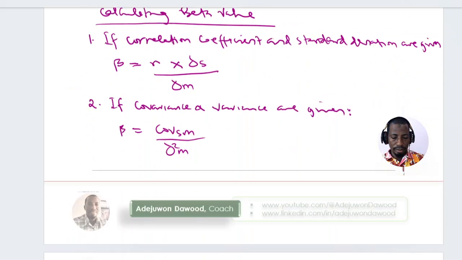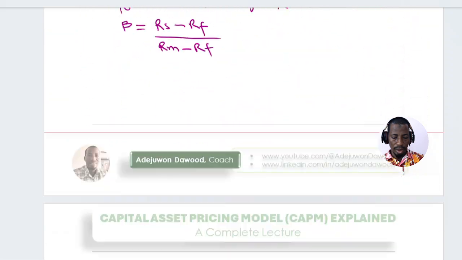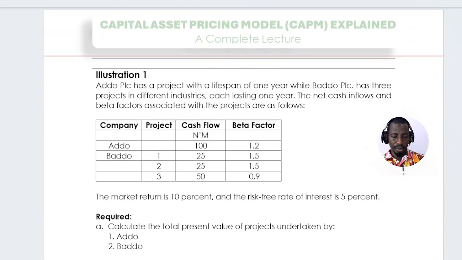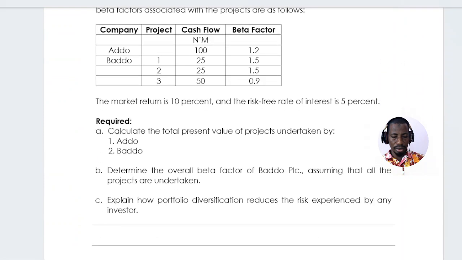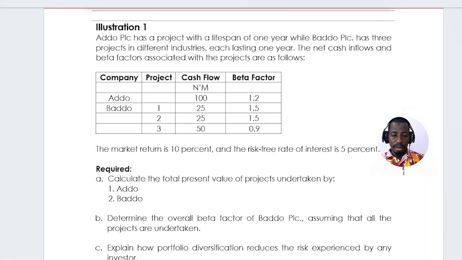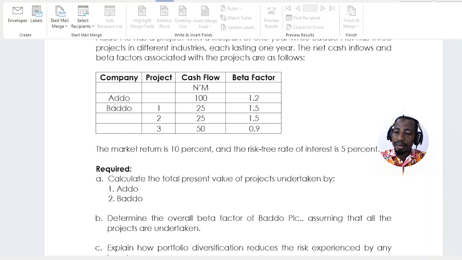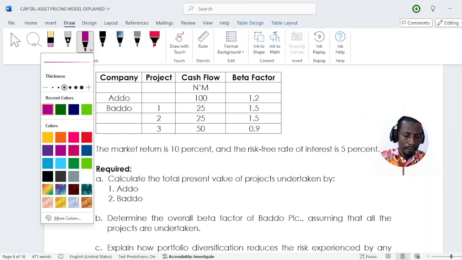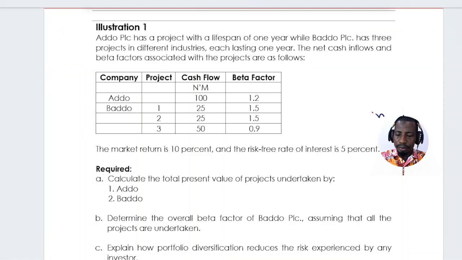All right. So let's start with this simple illustration. Let me change the color of my pen to blue.